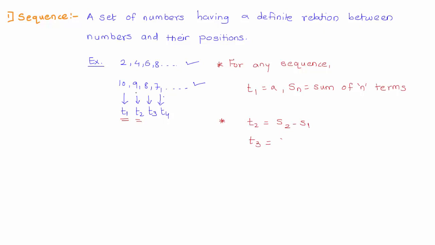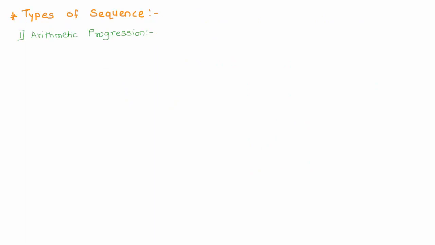T3 is S3 minus S2, that is sum of 3 numbers minus sum of 2 numbers. Okay, and similarly you may write Tn. Any in-between term can be obtained as the sum of all terms up to n minus the sum of n minus 1 terms.